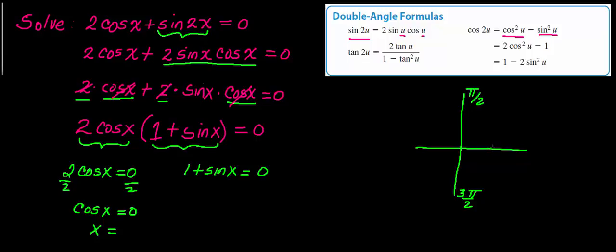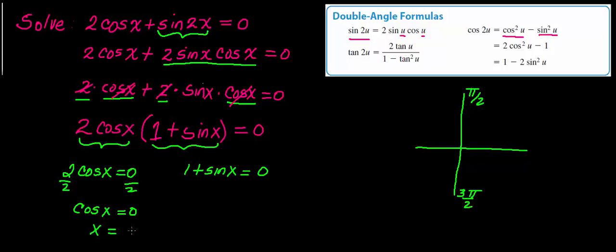I do also know that in one turn of the circle, I have 2 solutions, pi halves and 3 pi halves. But if I go around again, I find coterminal angles that will give me, again, the same solution. So I will hit these solutions infinitely as I go around infinitely around the unit circle. Same thing happens if I go counterclockwise.